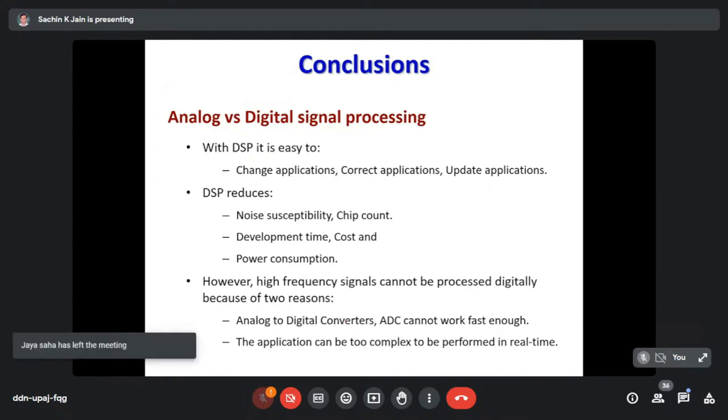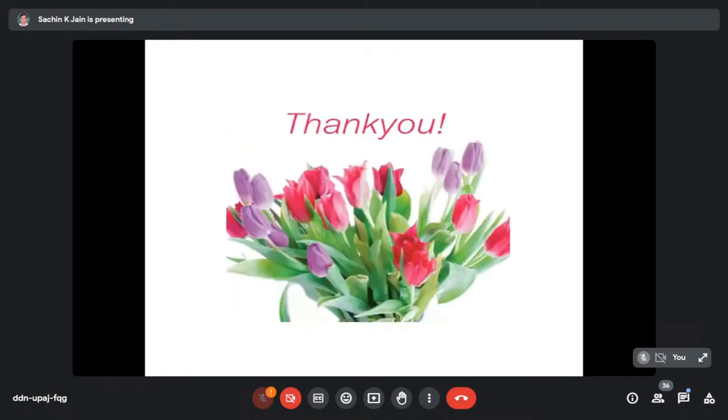That is the limitation at present in using digital signal processing, and analog processing still finds its role. So that's my first session on introduction to signal processing. Thank you very much.